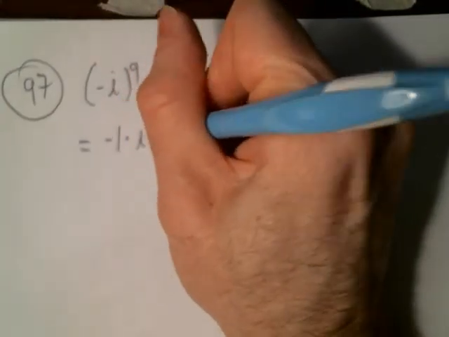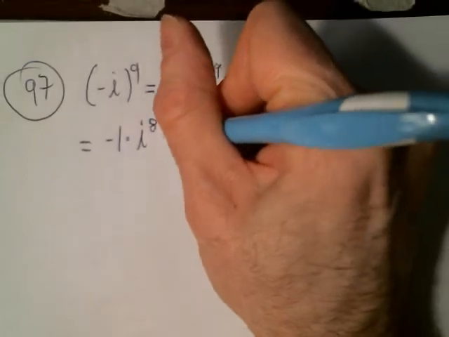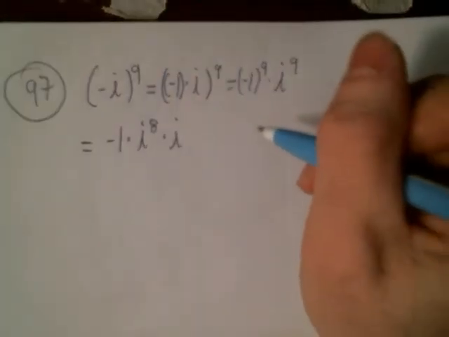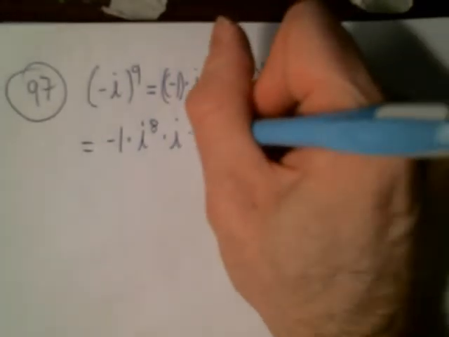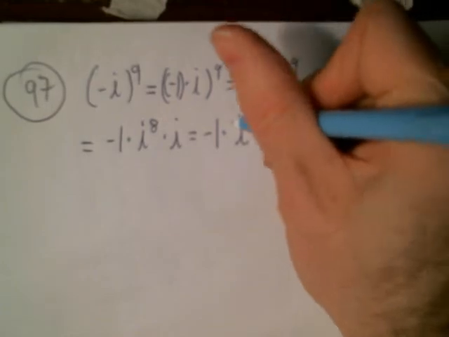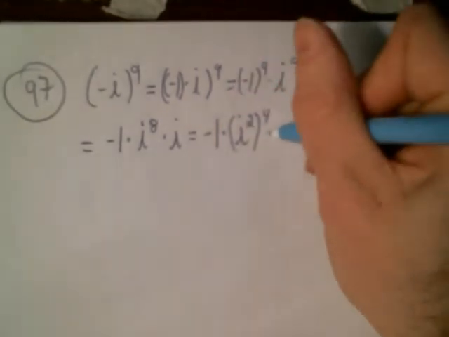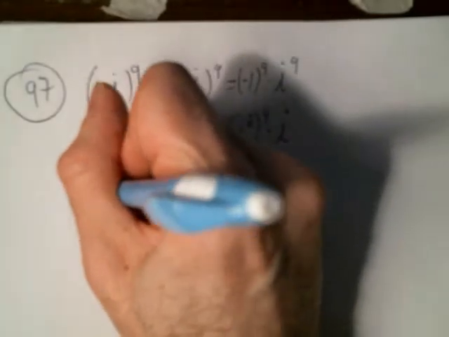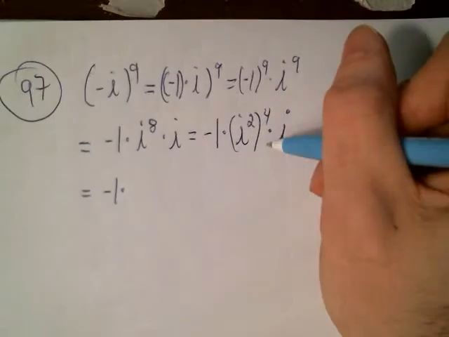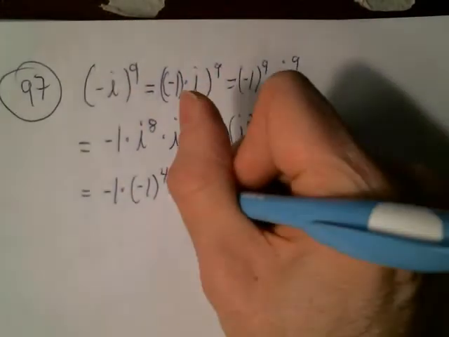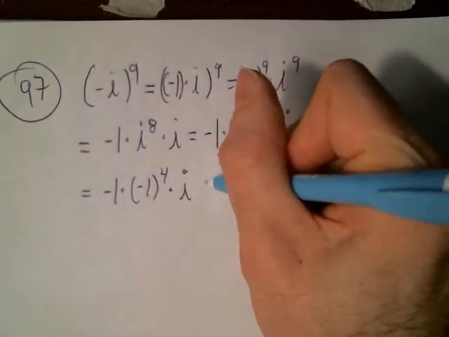I want to rewrite that as an even power times i. So i to the 8th times i to the 1. I to the 8th I'm going to rewrite as i squared and then raised to the 4th. And then you have -1 times i squared, of course, is -1, raised to the 4th, and then times i.